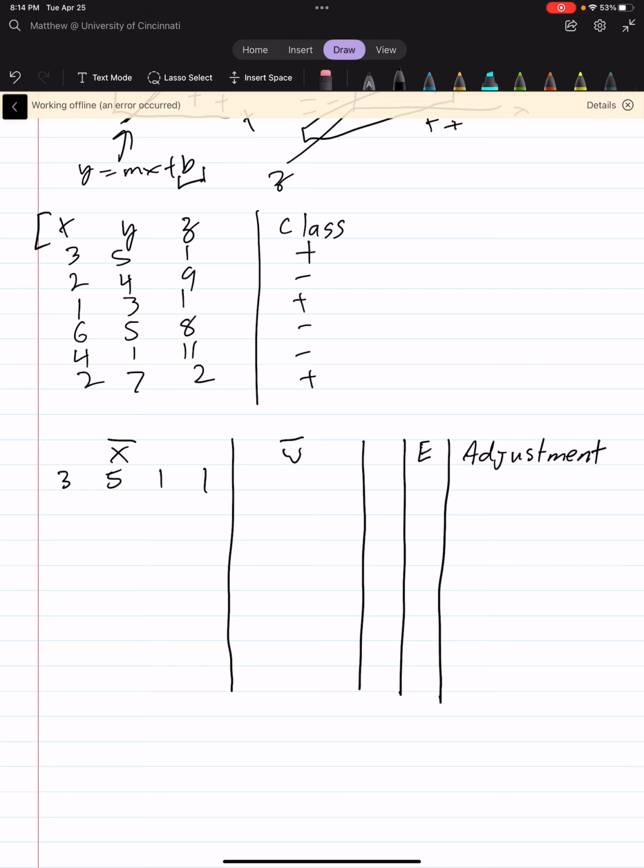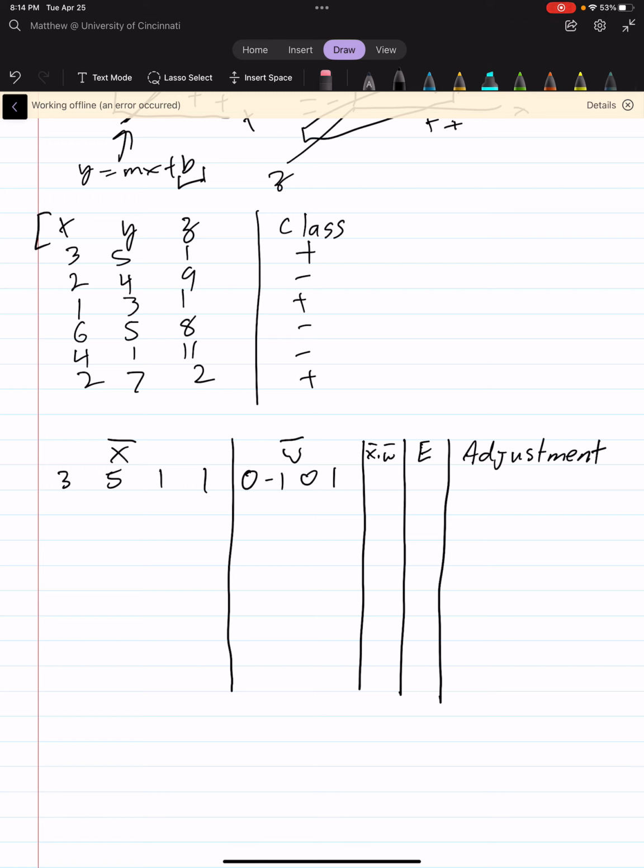I have the numbers in front of me on another screen, and I'm just going to go through it a little quick. Basically you choose some random weight vector to start off. It's like hill climbing in the sense that we just start off with a random weight vector, and the one he happened to do was 0, -1, 0, 1.